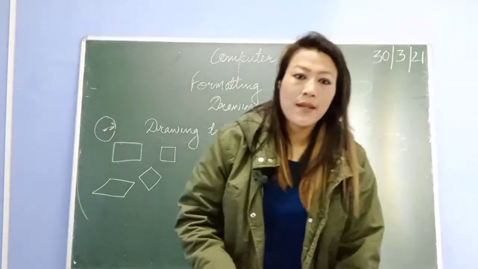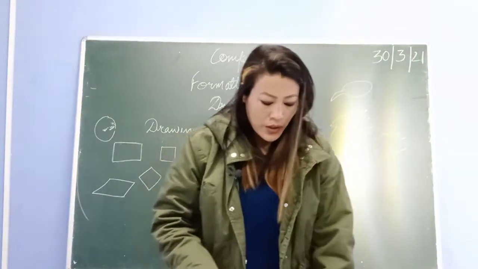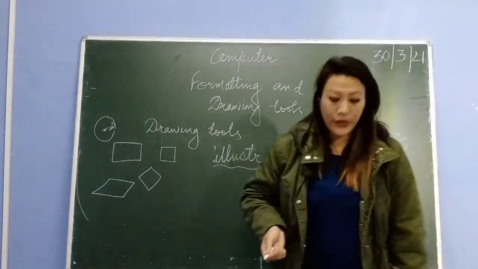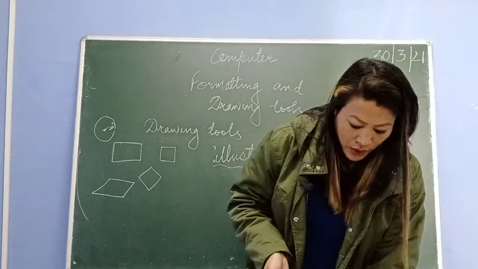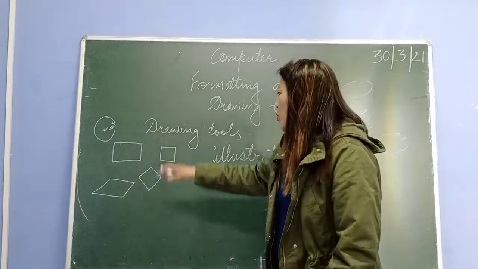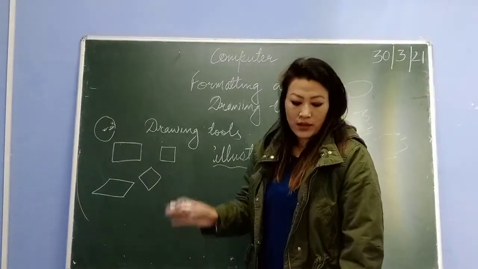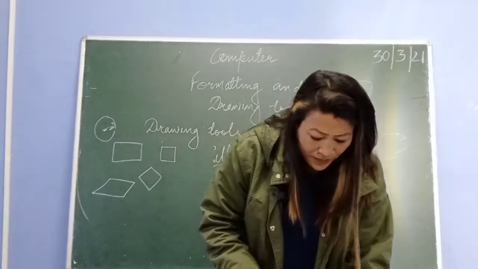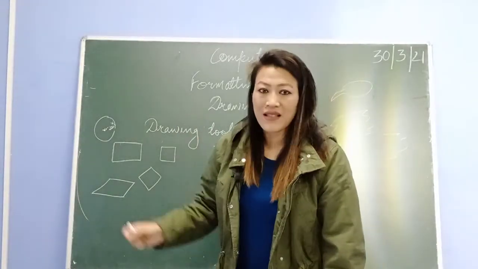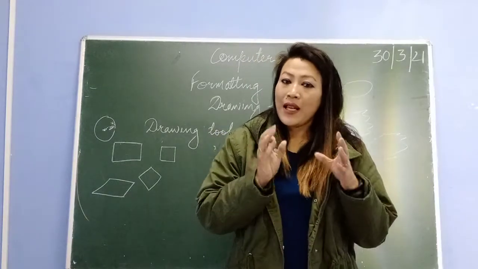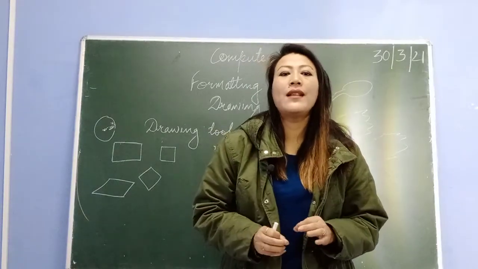How to insert a shape in Microsoft Word? Go to the illustration group and click the shape icon. From the shape icon you choose any of the shapes, rectangle, square, whatever. You select one shape and click on insert. Where your cursor is in your Word document, the shape will get inserted.